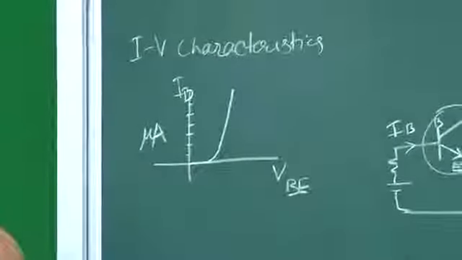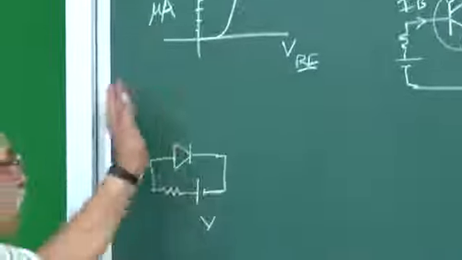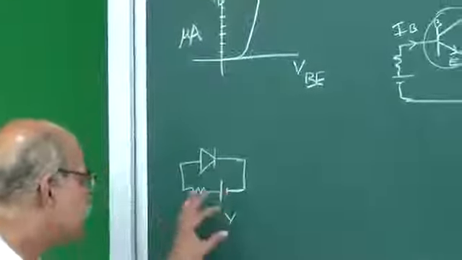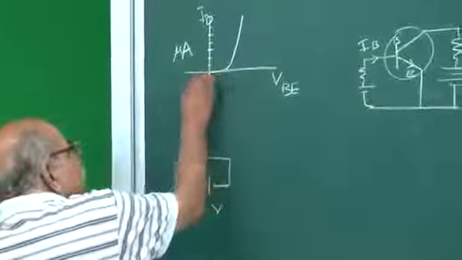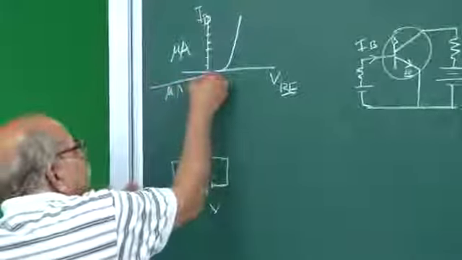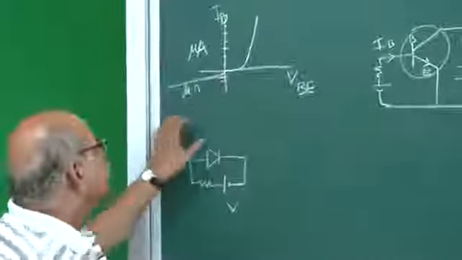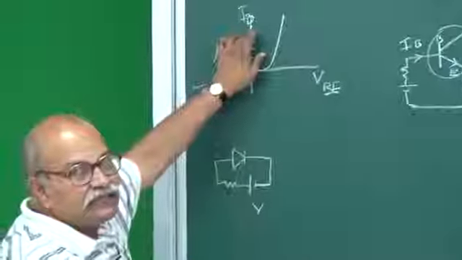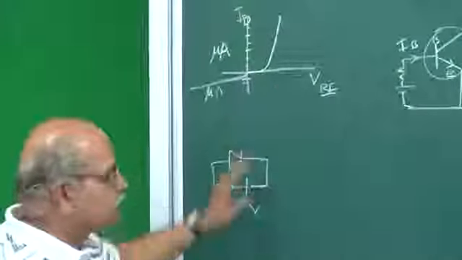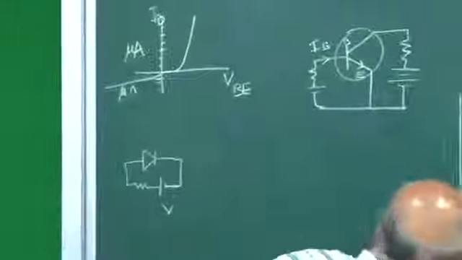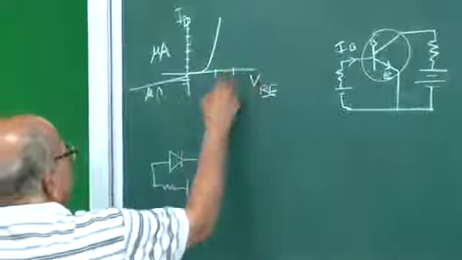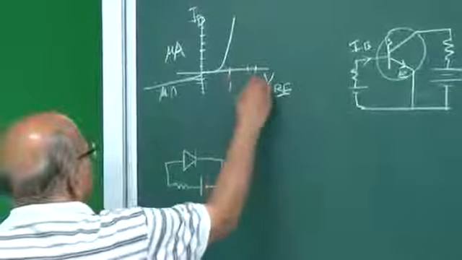In a normal p-n junction, when we draw forward bias, we write in milliamperes. If I reverse it, reverse bias, then on this side we have microamperes. The scale on this side we draw in microamperes, this side in milliamperes. But in this case, the shape will be the same, but the values will be different. And this is of course the same, 1 volt, 2 volt.